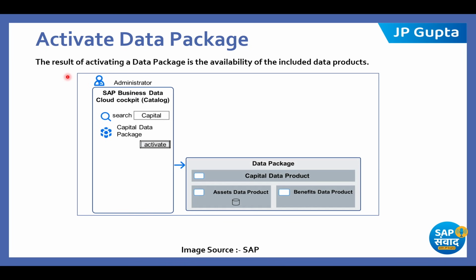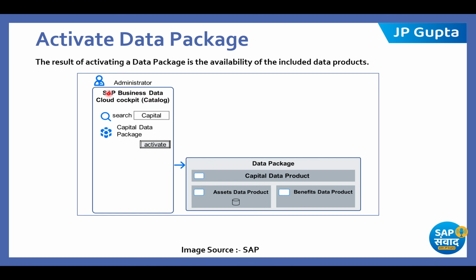To activate a data package, you need admin rights. If you do not have admin rights, you won't be able to do that. Also, in the BDC trial version, we do not get admin rights, so you won't be able to activate it. But we can see it, and I will show you the steps in the demo.